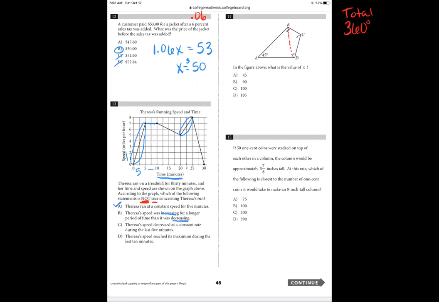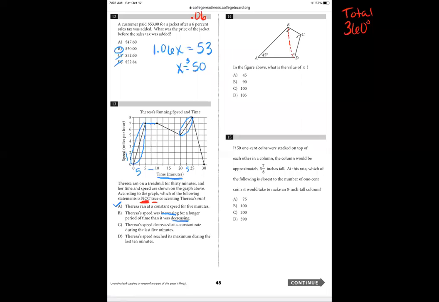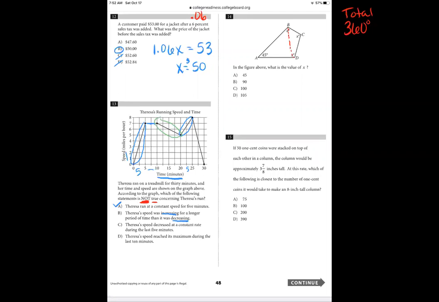So her speed was increasing for, it appears, 10 minutes, versus how long it was decreasing. If we take a look at the decreasing time right here, we have from 10 to 20. So we have 10 minutes plus this whole segment over here. So it was decreasing longer. And this says it was increasing longer. So that is not true. It would be choice B.